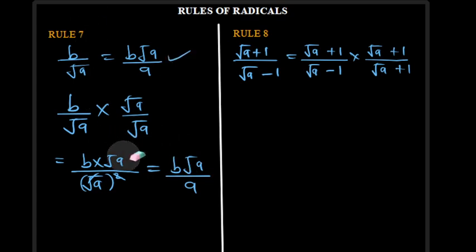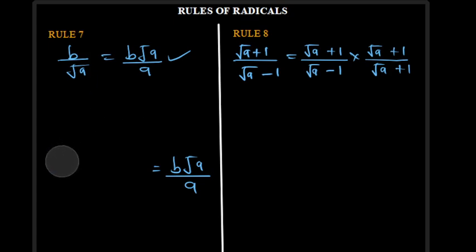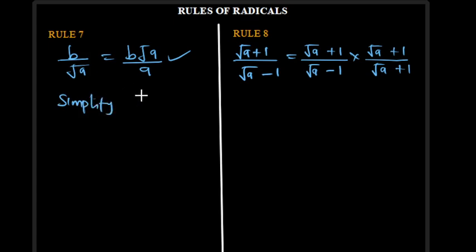Now let's take one example here. For instance, we have this: simplify 10 over root 2. So what we just need to do is rationalize this, and that will give us 10 over root 2 times root 2 divided by root 2.